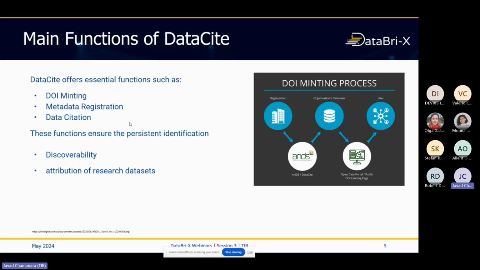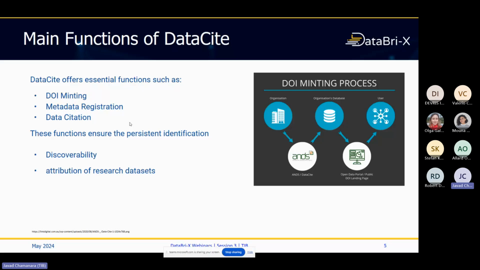But you can also be a member that is providing DOIs for its own, let's say, employees, as a university or as a research center and so on. So this DOI minting has a process. You will provide some metadata, like, for example, the bibliographic information of the dataset, something about the content of that data, something about the access rules or copyright and so on.